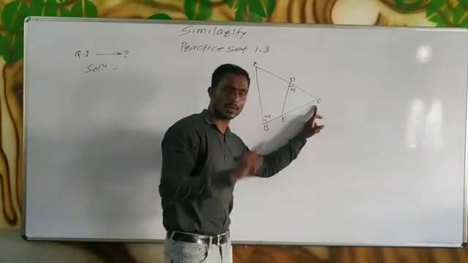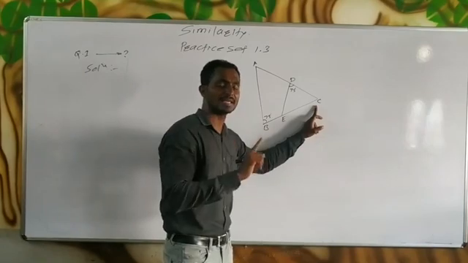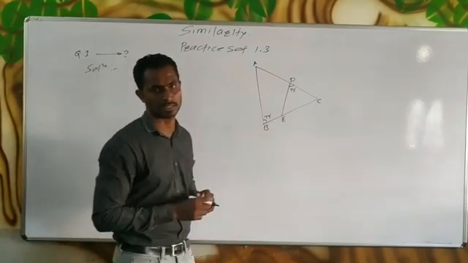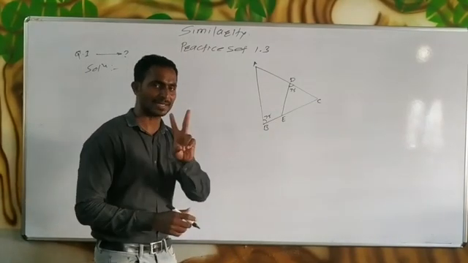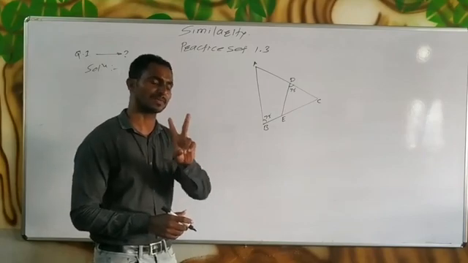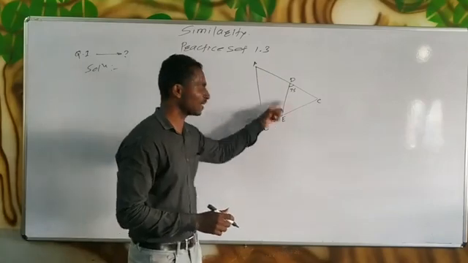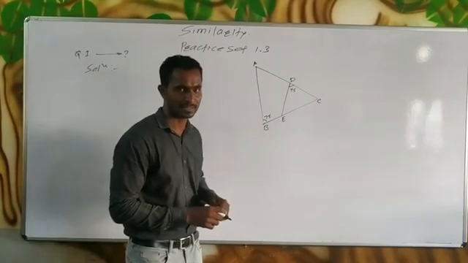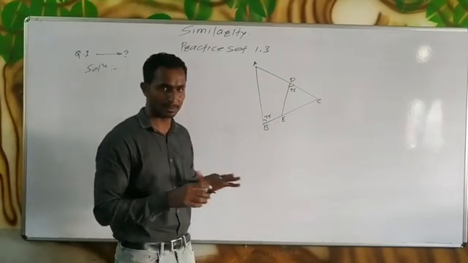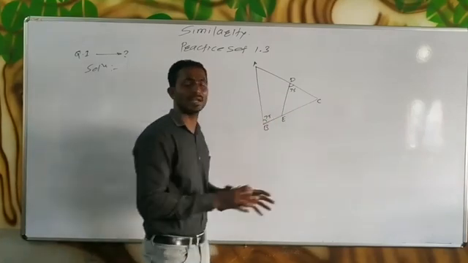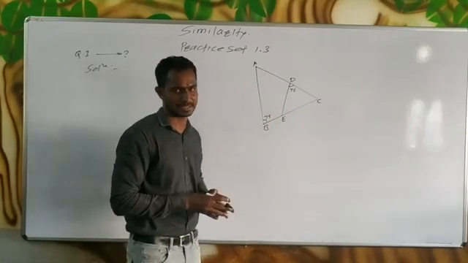Angle C is congruent to angle C because angle C is common to both triangles. So we get two pairs of corresponding angles of both triangles equal. Then the third remaining pair of angles is also equal. So both triangles are similar to each other by the AA test.